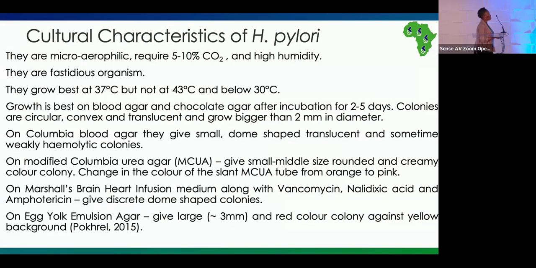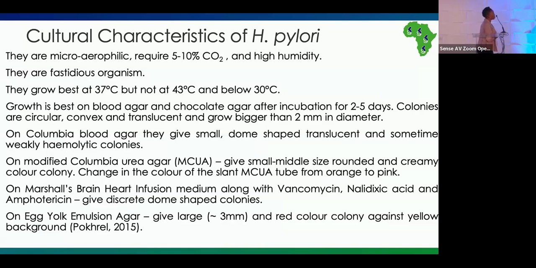What are the cultural characteristics of H. pylori? Like I said earlier, they are microaerophilic, requiring about 5% oxygen, 10% carbon dioxide, and 85% nitrogen.